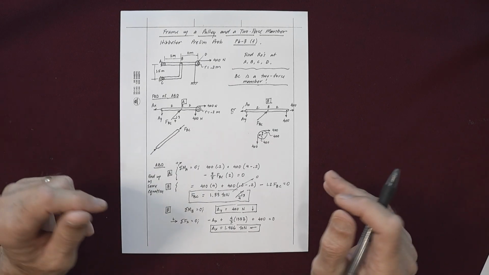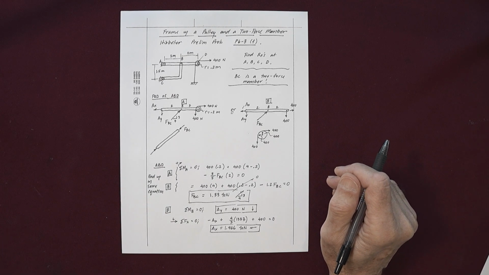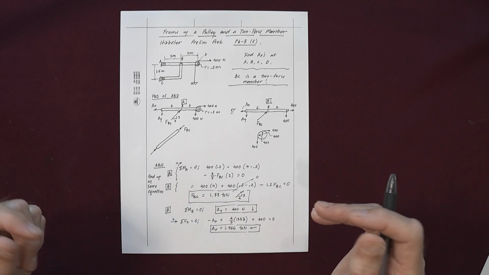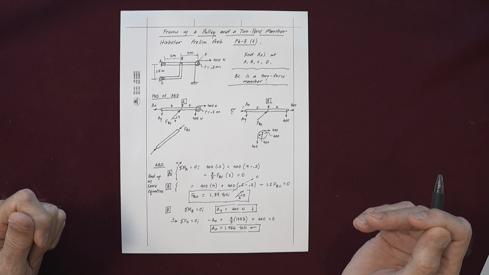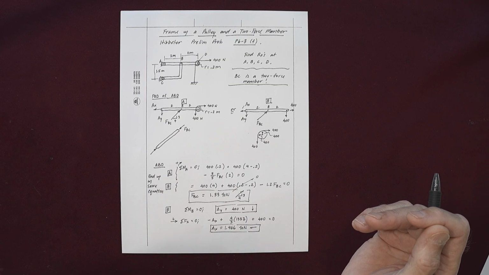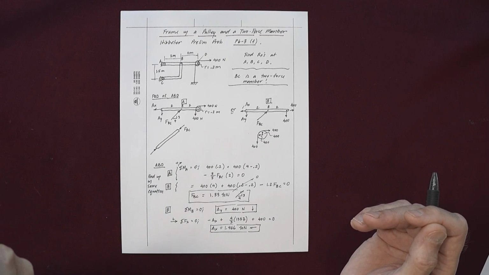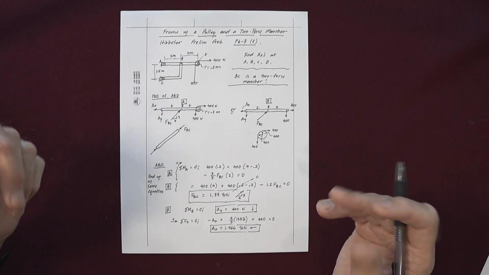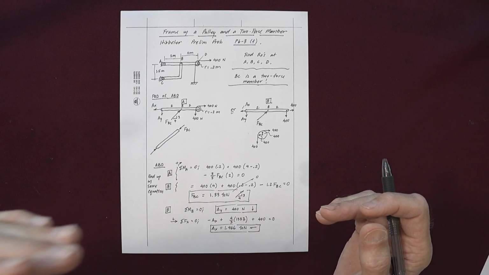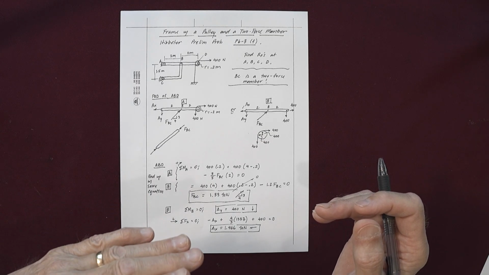So we're going to work a number of frame problems and a number of machine problems to just illustrate how you work the problems. Furthermore, we already did two-dimensional rigid body equilibrium. And when we did 2D rigid body equilibrium, we drew free body diagrams, we looked for two-force members, we inspected support reactions, and pretty much all of those skills we're using here for frames and machines.